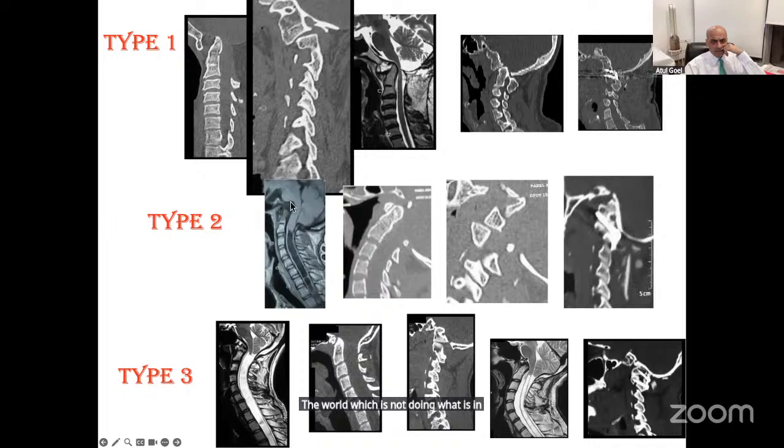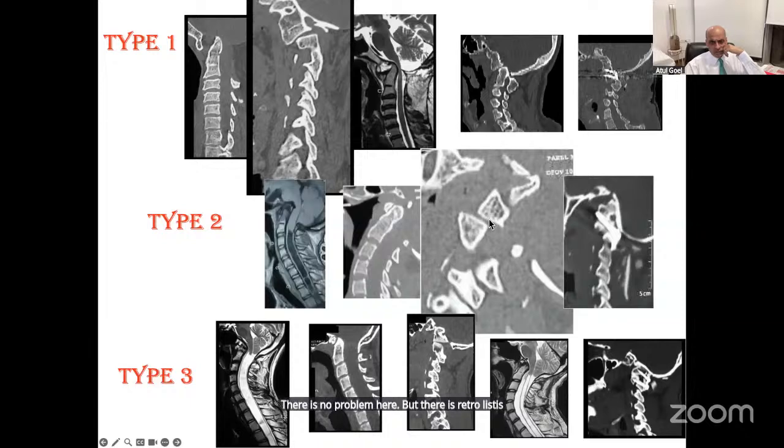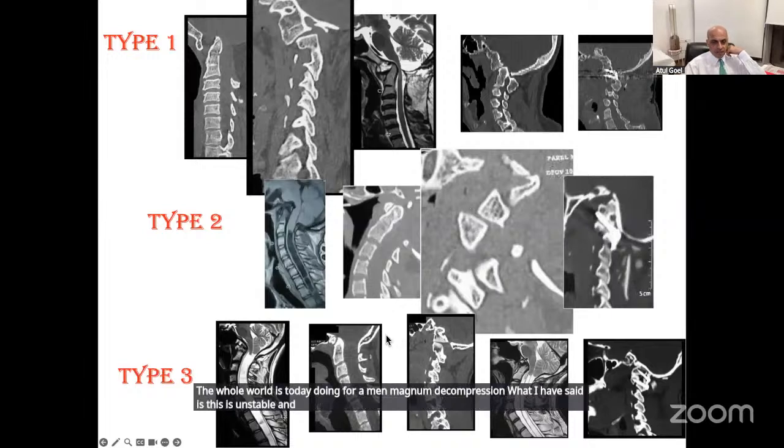You see, there is severe basilar invagination, Chiari, and syrinx. There is no problem here, but there is retrolisthesis, C1 retrolisthesis. For this basilar invagination, the whole world is today doing foramen magnum decompression. What I have said is this is unstable and this needs stabilization.